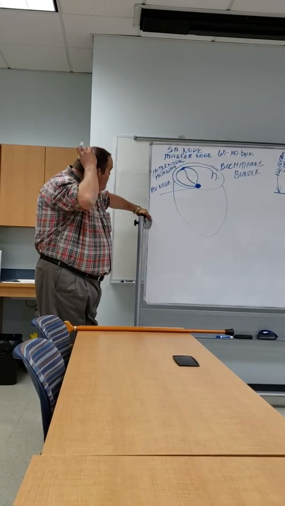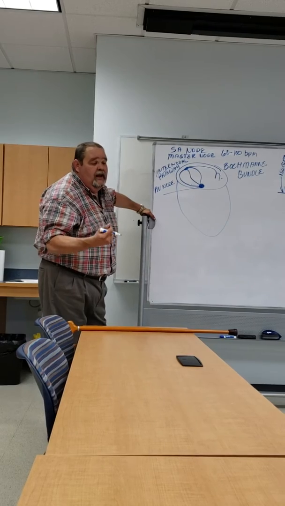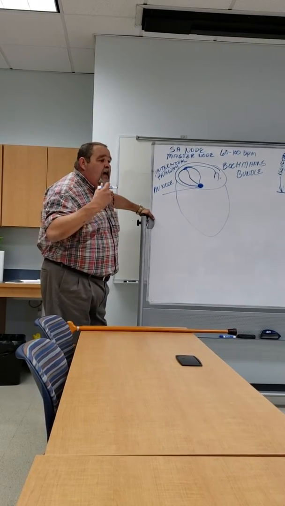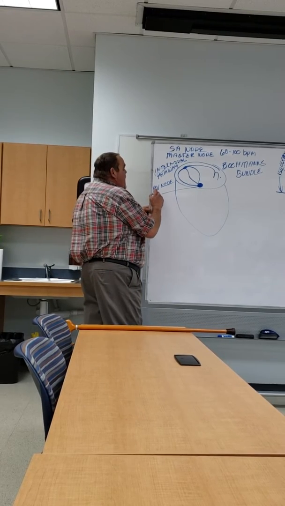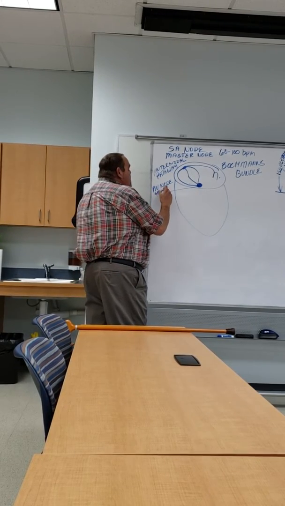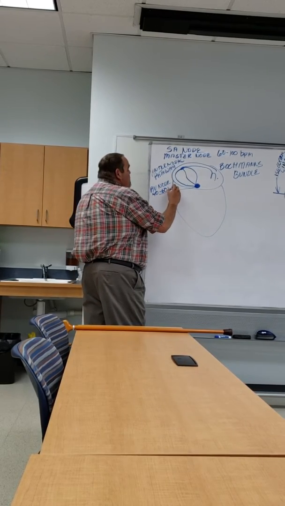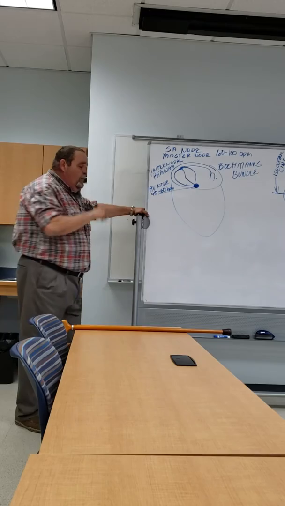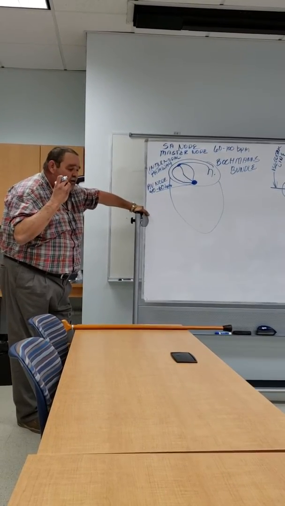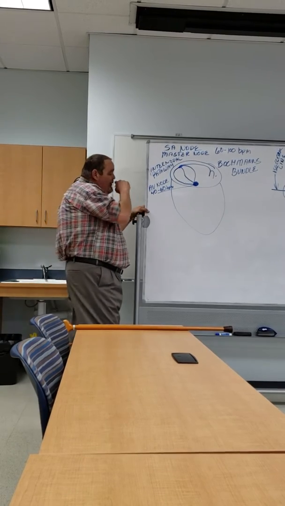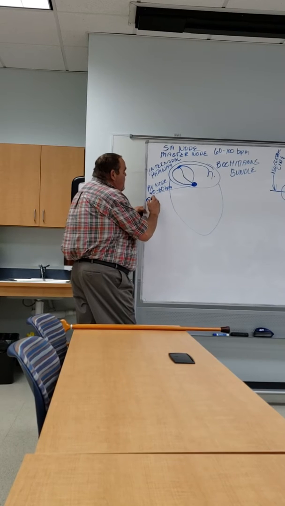If something happens to the SA node, you get sick sinus syndrome or something like that, the AV node will take over. It fires at a rate of 40 to 60 times per minute. All right? But not only is it a first fail-safe, it is also the gatekeeper.